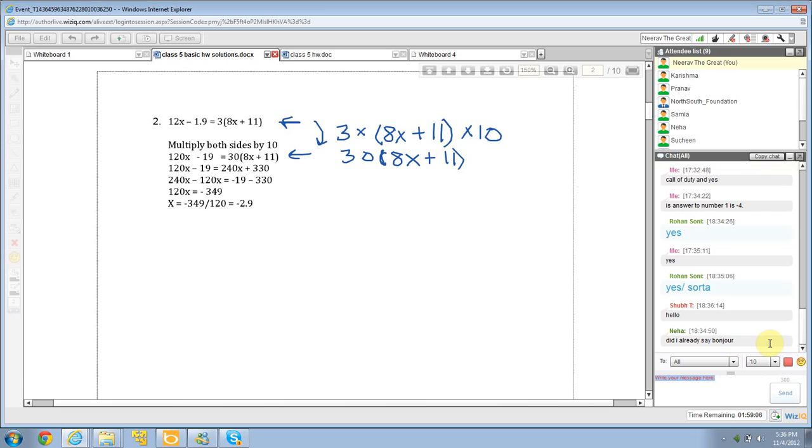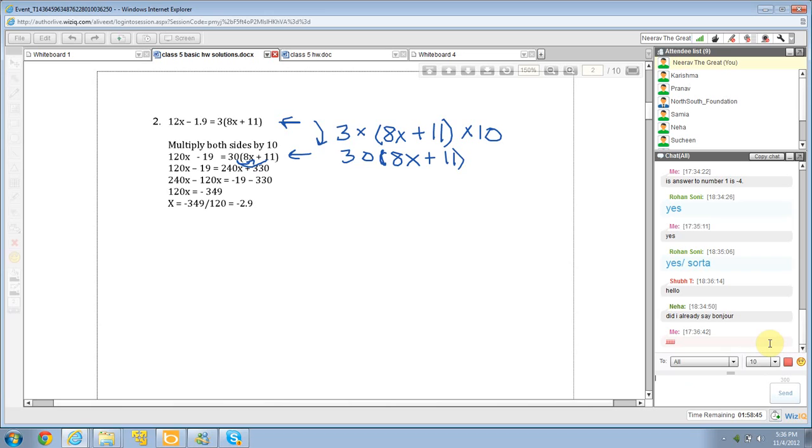Then you distribute the 30 and open up the parentheses. The 120x minus 19 stays the same. And the 30 times 8x is 240x, and 30 times 11 is 330. Then you have to take the x's all on one side and all the other numbers on the other.